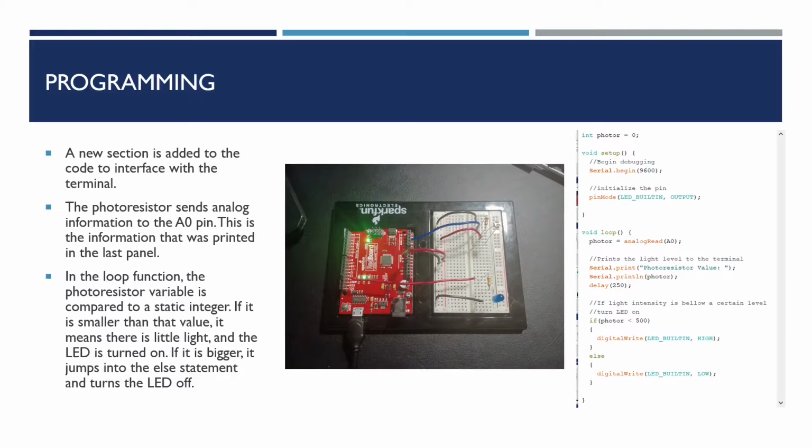This is then used to print the values. In the loop function, the photoresistor variable is compared to a static integer. If it is smaller than that value, it means there's less light. I sort of measured it out, and I found 500 to be the arbitrary value. If it is bigger than that, it jumps into the else statement and turns the LED off, or vice versa.